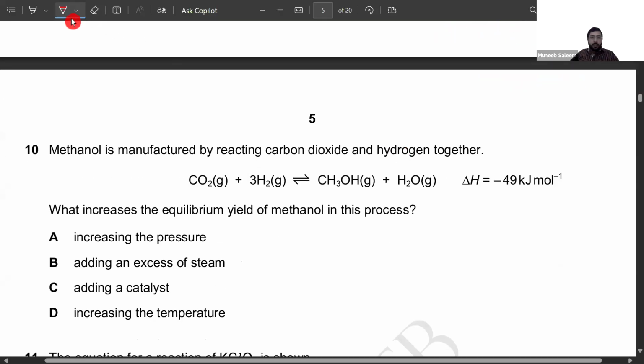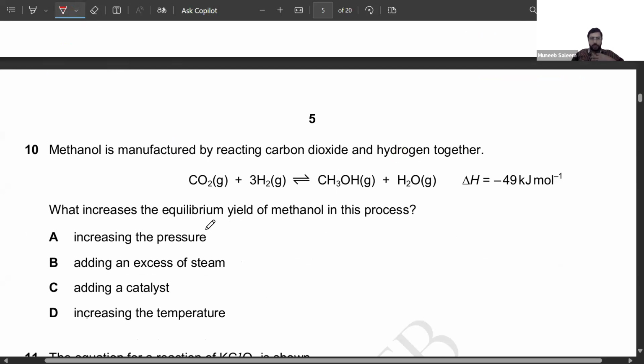Question 10. Methanol is manufactured by the reaction of carbon dioxide and hydrogen. This is the equation which shows the equilibrium of the methanol. So we have to find the factor for increasing the yield of the methanol.